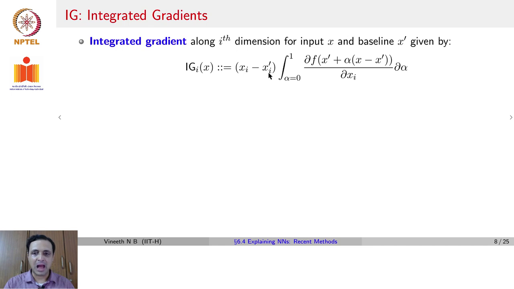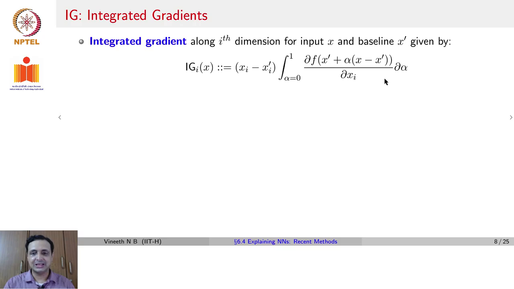When you have x_i prime to be a black image, that will always be 0, so this will just be x_i itself. And you integrate alpha from 0 to 1, and then you take the partial derivative of f, where f is the neural network, at x prime plus alpha times (x minus x prime), with respect to x_i, d alpha.